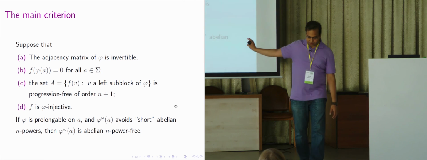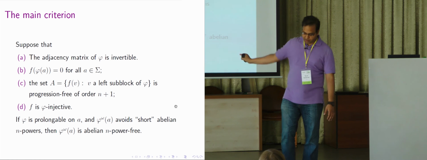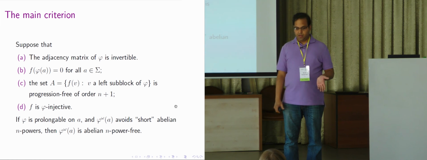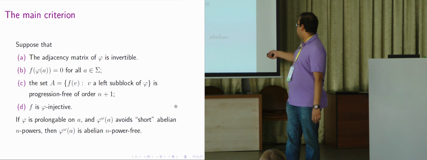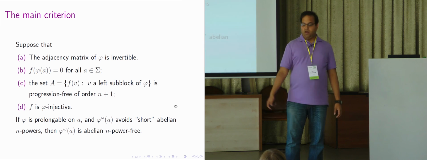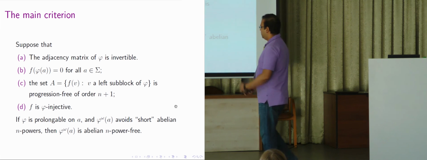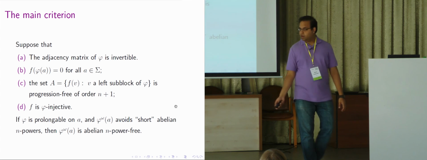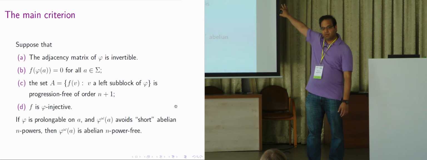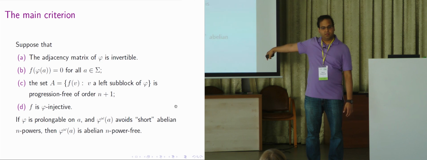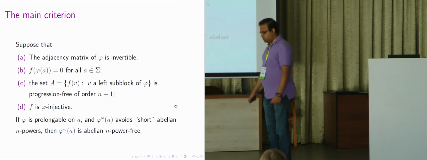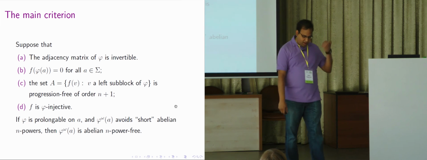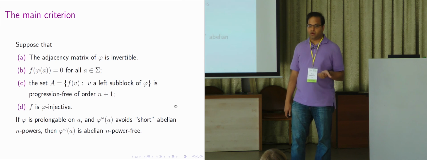So this is the criterion for testing. I have a morphism, and I think that it generates an infinite word that avoids abelian fourth powers, or abelian nth powers. How do I prove that that is the case? I have this criterion: if these conditions are satisfied, then my word avoids abelian nth powers. So what are the conditions? I need the matrix of the morphism to be invertible.